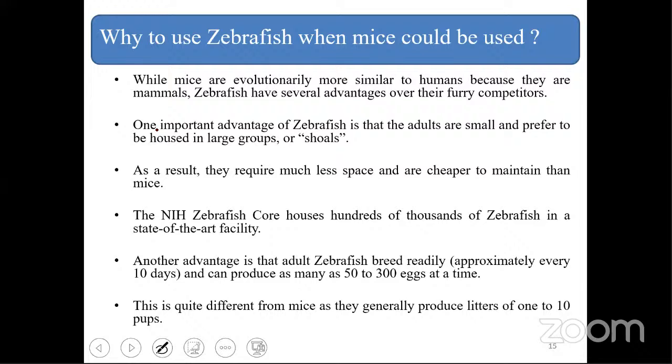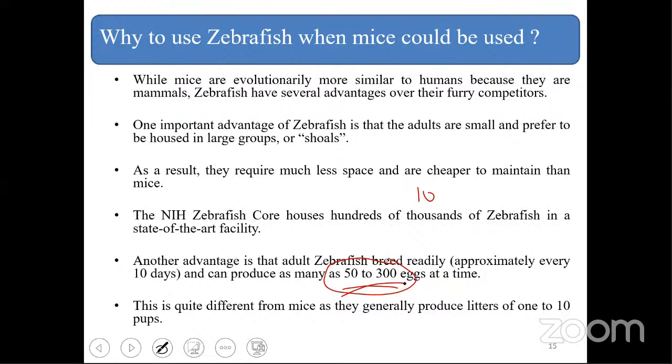So that is the main advantage I want to make here. In one cycle, zebrafish can yield many more eggs. In mice or rats, you will not see more than 10, but here approximately 300 eggs are produced in a cycle.